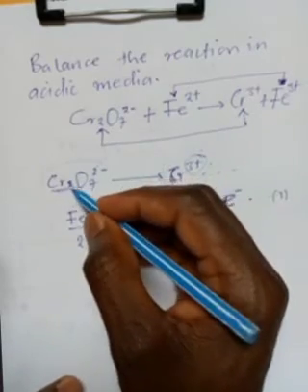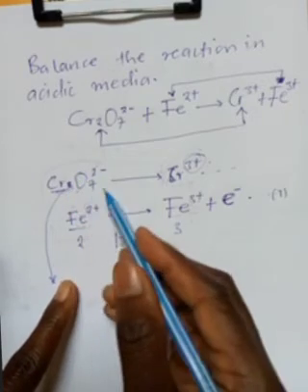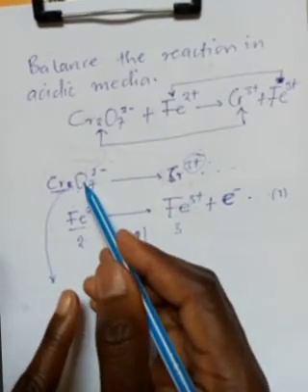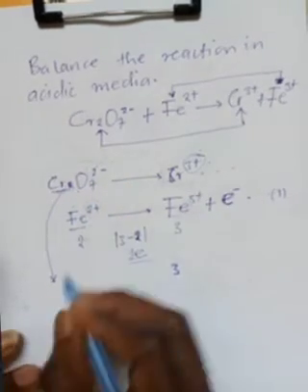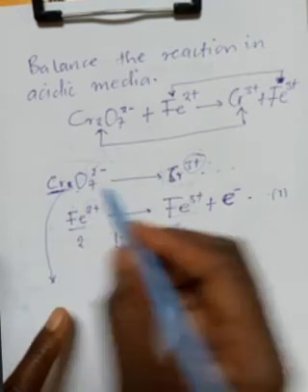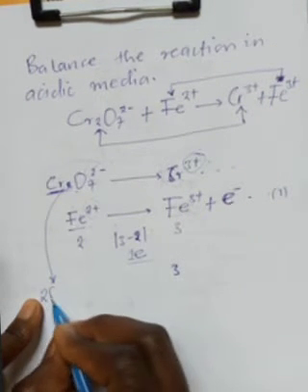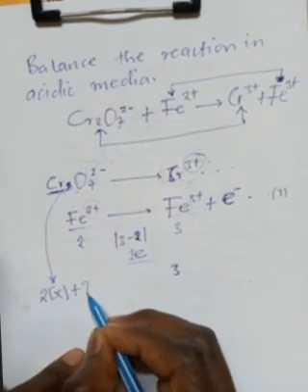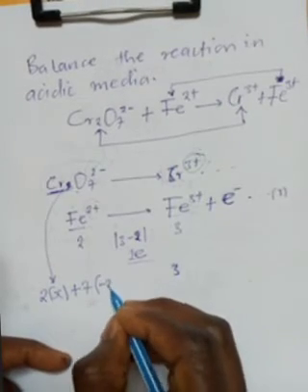But here, you want to find the oxidation number for this one. We have 2 chromium here. We have 7 oxygen atoms, but the entire compound is raised to a charge of -2, meaning that the summation of oxidation numbers here must be equal to -2. I want to find the oxidation number for chromium, because it is the one which is going to be produced on that given part. So you say 2 multiplied by x, since we're having 2 of them, plus 7 times the oxidation number of oxygen in a compound, which has to be -2.